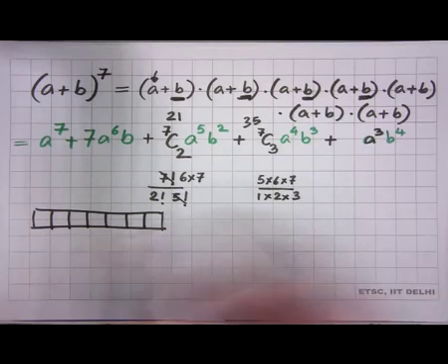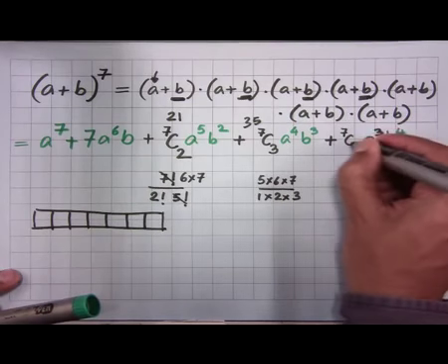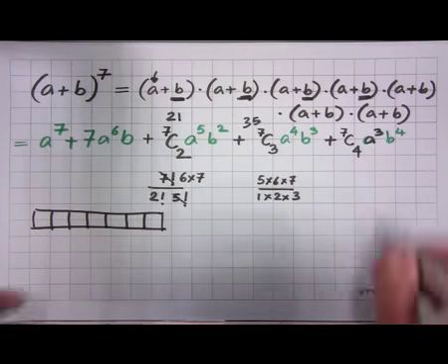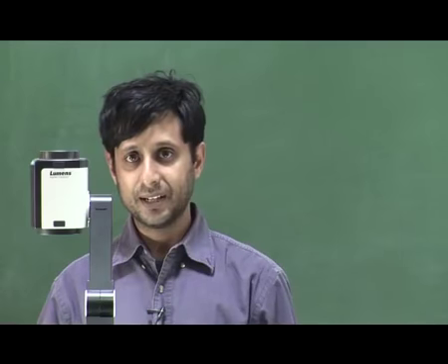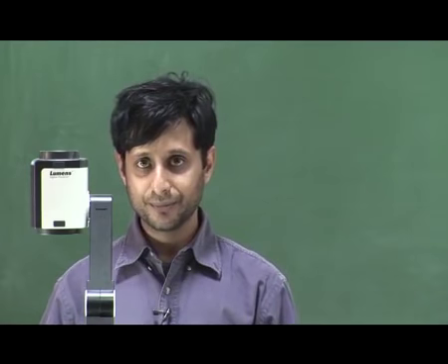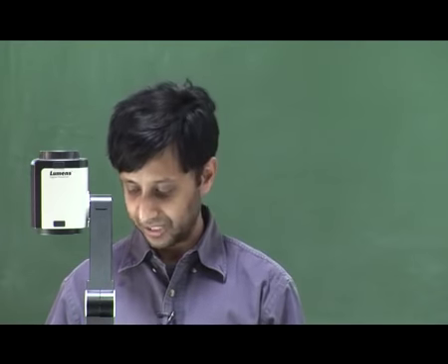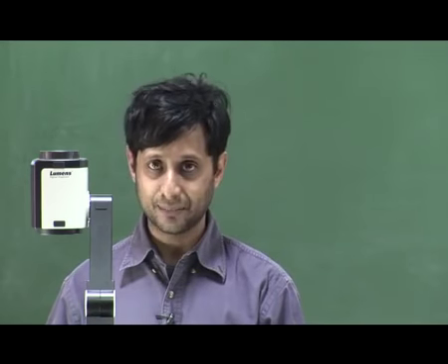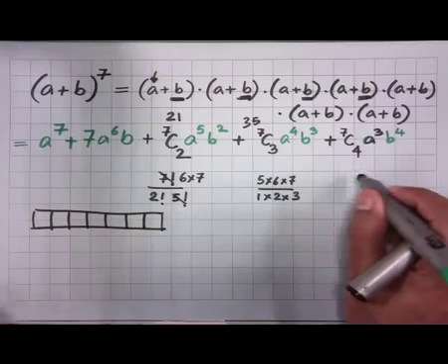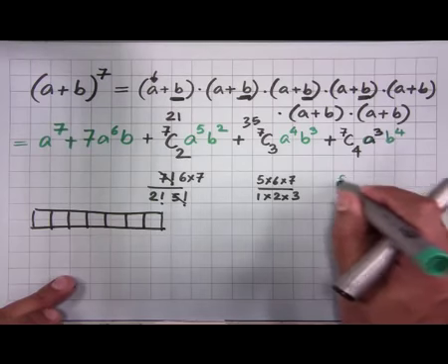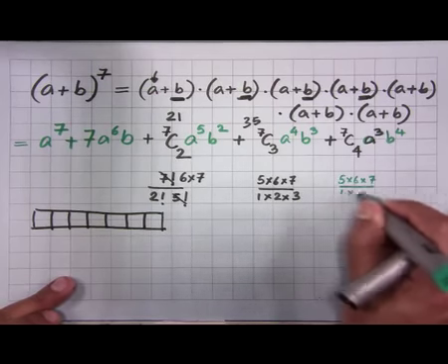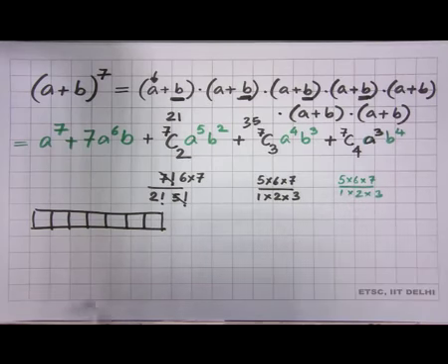The answer is of course 7C4. Now, 7C4 is factorial 7 by factorial 4 by factorial 3, right, and factorial 7 by factorial 4 is again 5 into 6 into 7 by factorial 3, which is 1 into 2 into 3. So, you get the same answer as before.